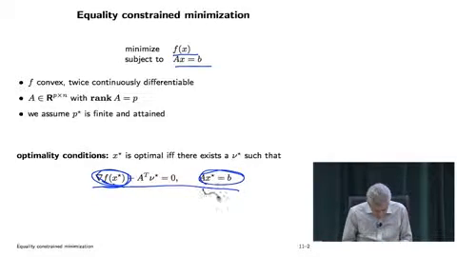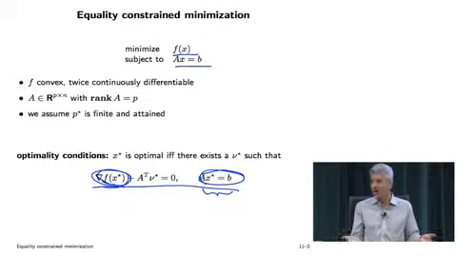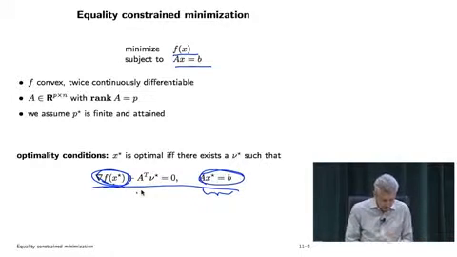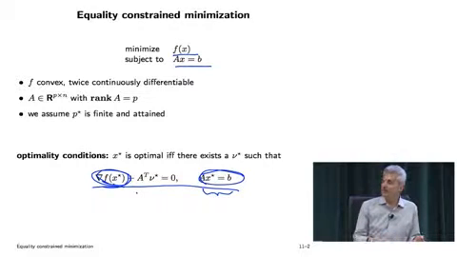The residual in this equation is called the primal residual, sometimes denoted Rp, and the optimality condition is Rp equals 0. The expression on the left is called the dual residual, denoted Rd, and the optimality condition is that Rd equals 0. So you're looking to find x and nu that make Rp and Rd 0.